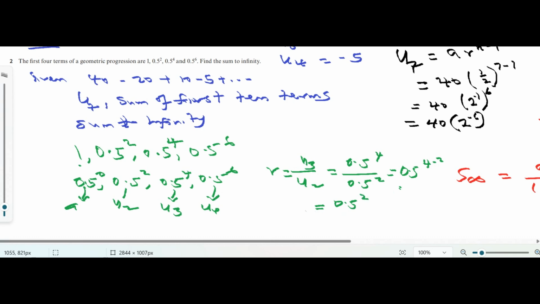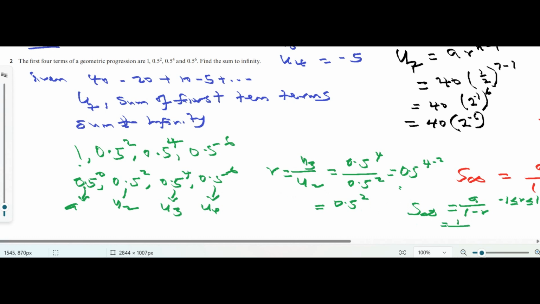Okay, I'm calculating the sum to infinity. So I will just do the sum to infinity of that one straight up. I've told you A over 1 minus R, such that -1 less than R less than or equal to 1. So the first term, we know it is 1.